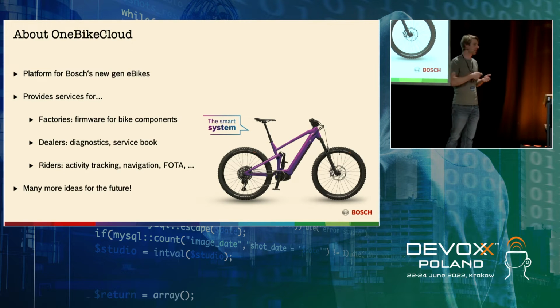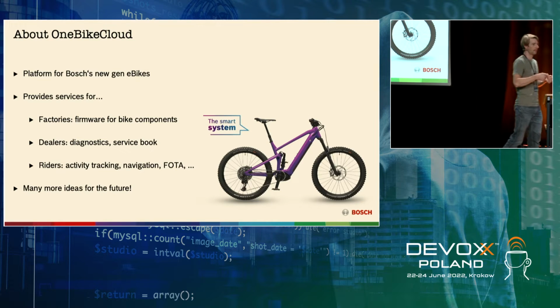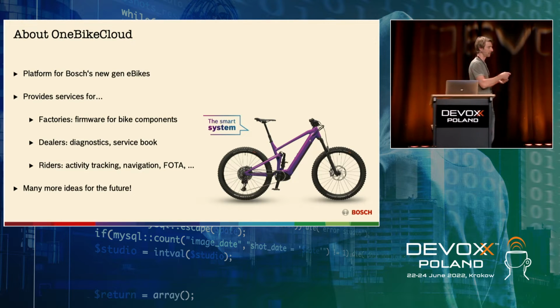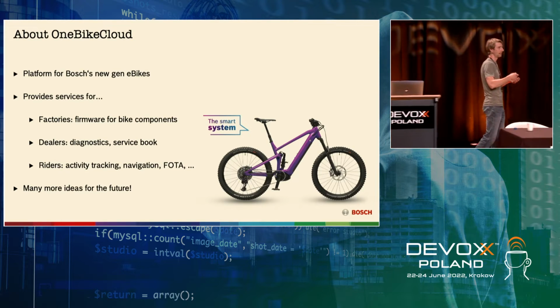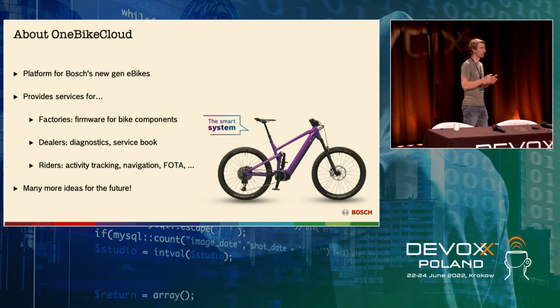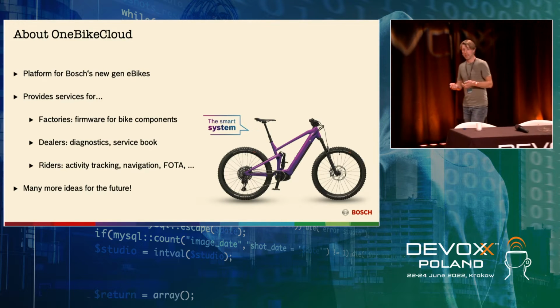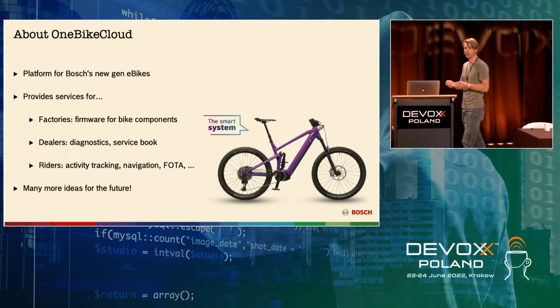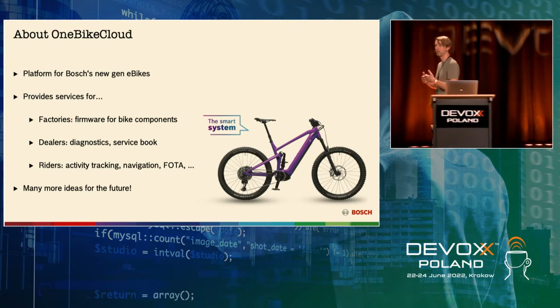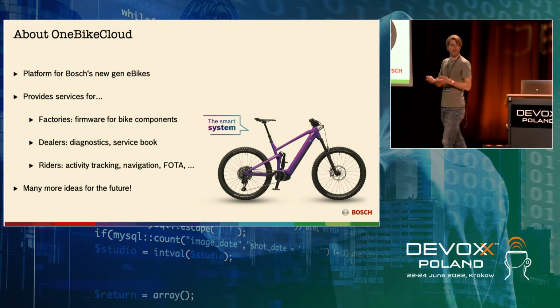So if you do maintenance on your bike, you can plug it into a computer and get some diagnostic information like you would get with a car. And then the last user group is the end users themselves, so the people who buy an e-bike.